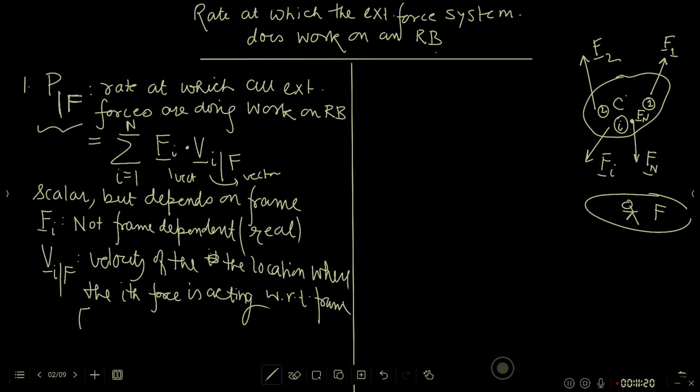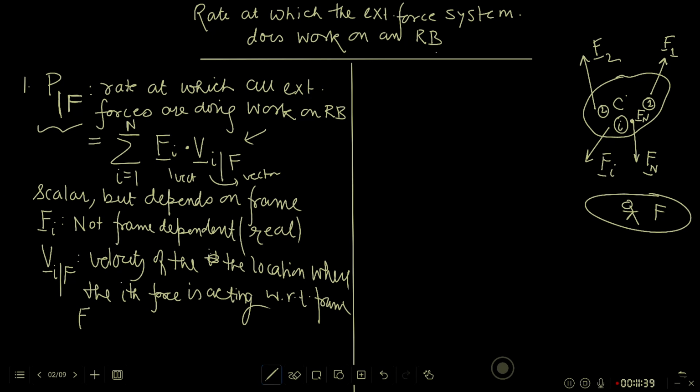So this VIF vector is frame dependent, and thus in general the dot products here will be frame dependent, and that is why this PF quantity, the rate at which all forces are doing work on RB, is also frame dependent.